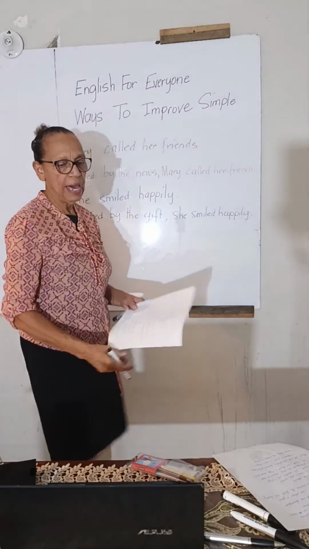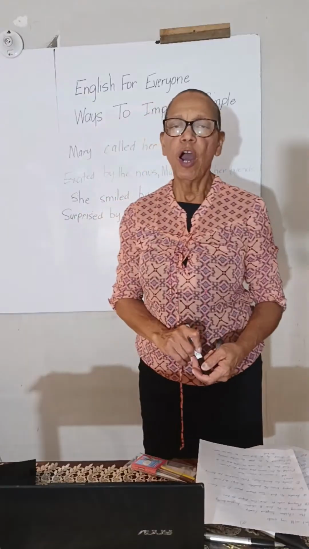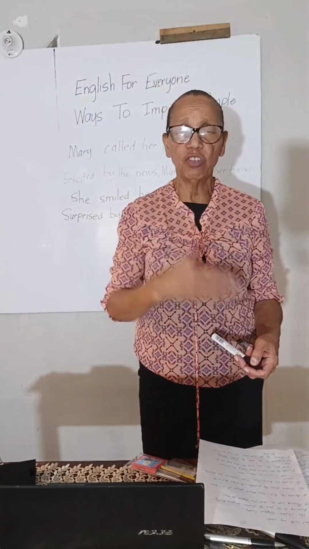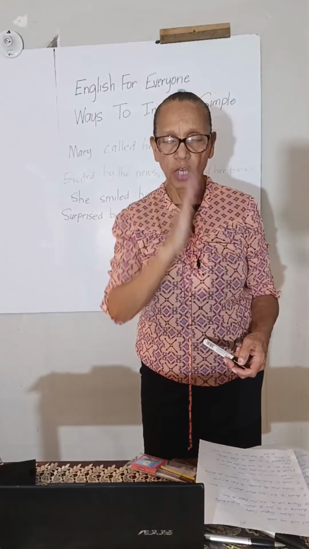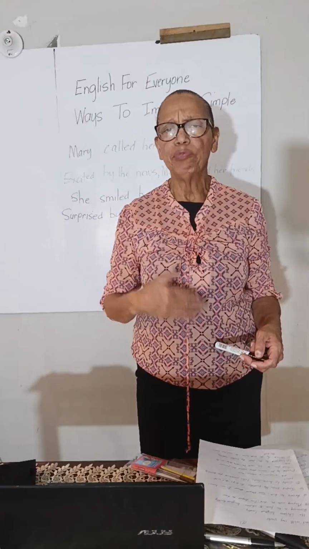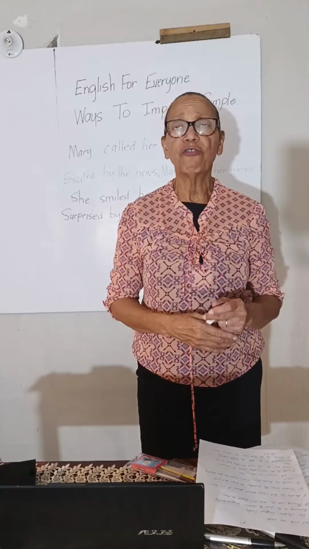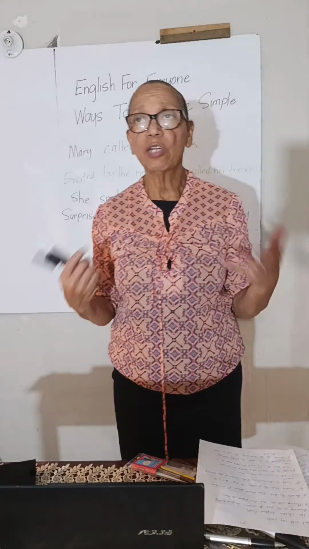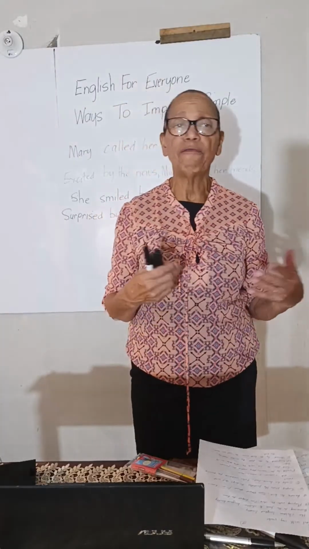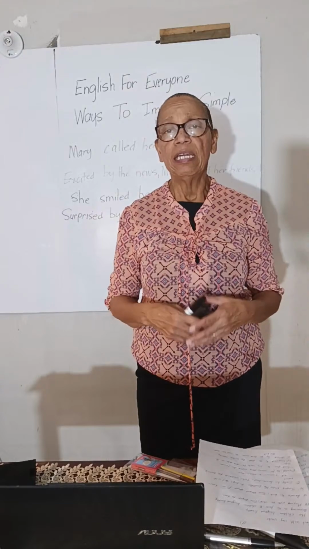So we can add phrases to the beginning of sentences to change the pattern, to change the structure from subject, verb, object. And when we do that, we get beautiful sentences. We can write with adverbs of time, adverbs of place, adverbs of manner, prepositional phrases, ing beginning, ed beginning.